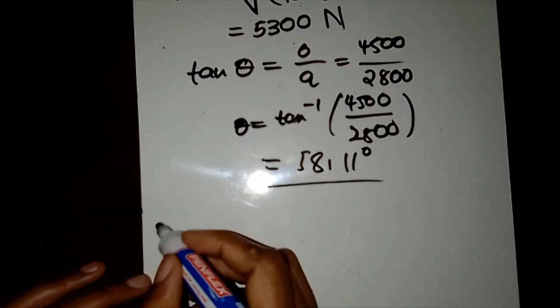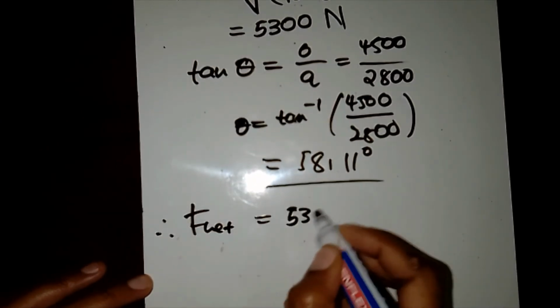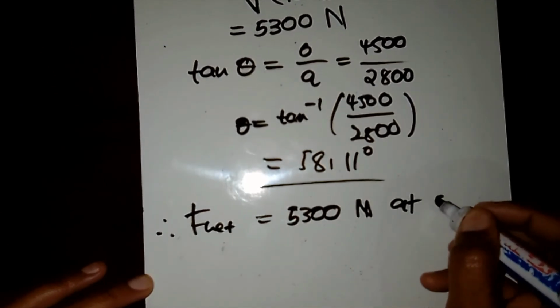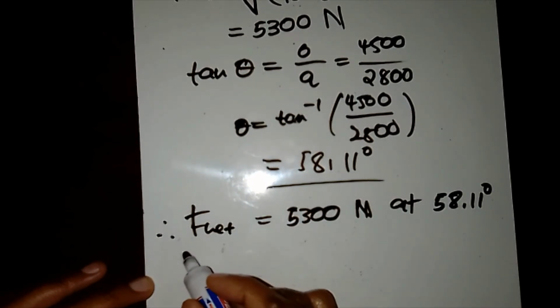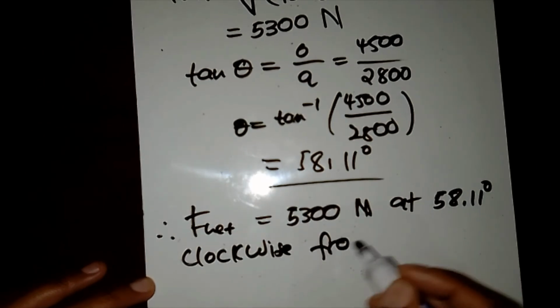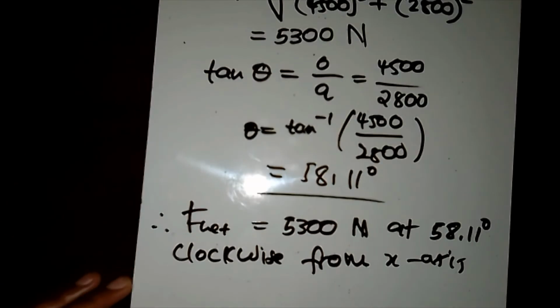So what does that mean? This means that F net equals 5,300 newtons at 58.11 degrees clockwise from the x-axis. Why are we saying that?